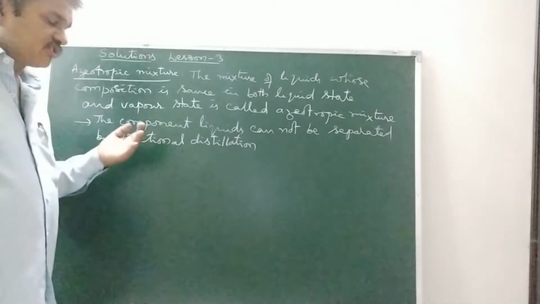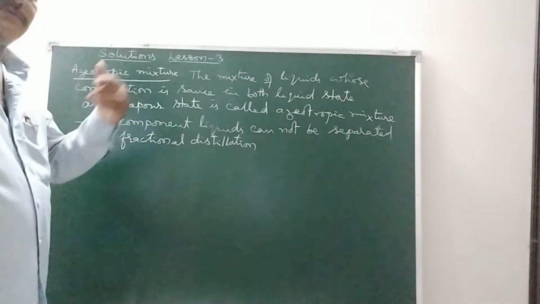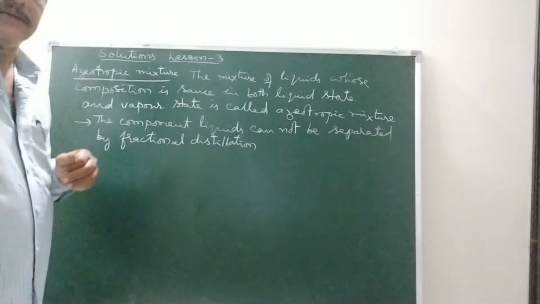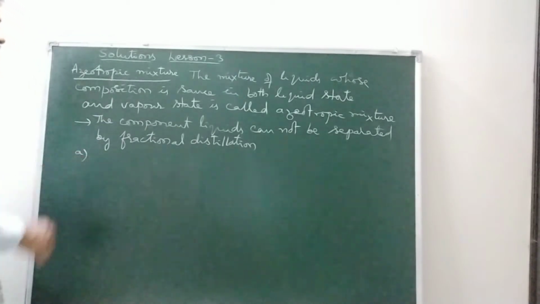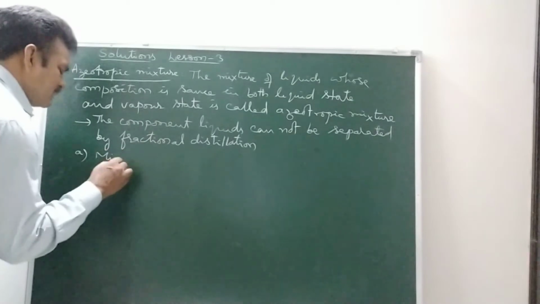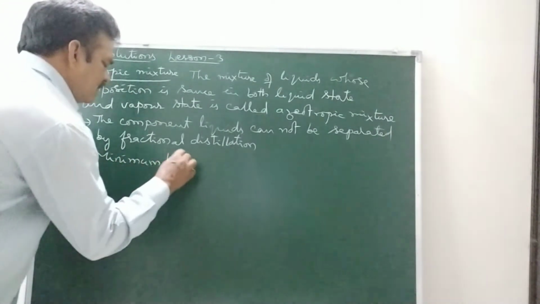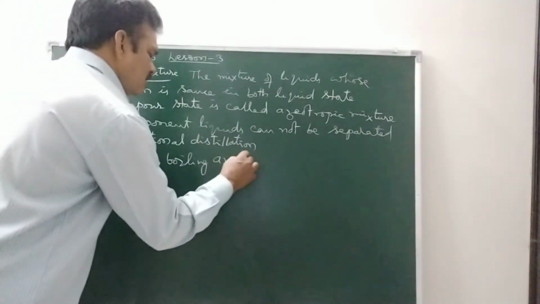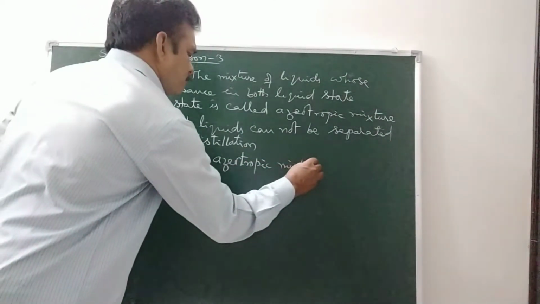But even in fractional distillation we cannot separate the liquid components if the mixture is an azeotropic mixture. There are two types of azeotropic mixtures: minimum boiling azeotropic mixture and maximum boiling azeotropic mixture.